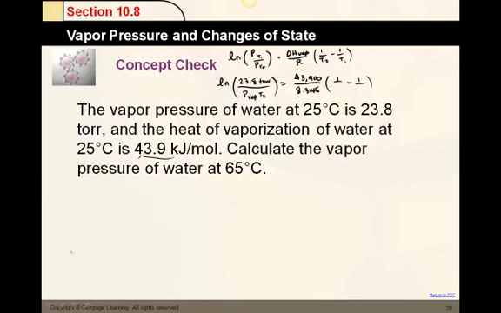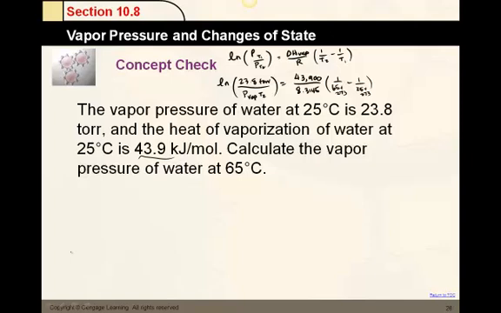T1, remember, was 25 degrees, so it's 25 plus 273, whatever that is. And this is 65 plus 273. Obviously, we do that in the calculator. And then resolving the right-hand side, I get a number.